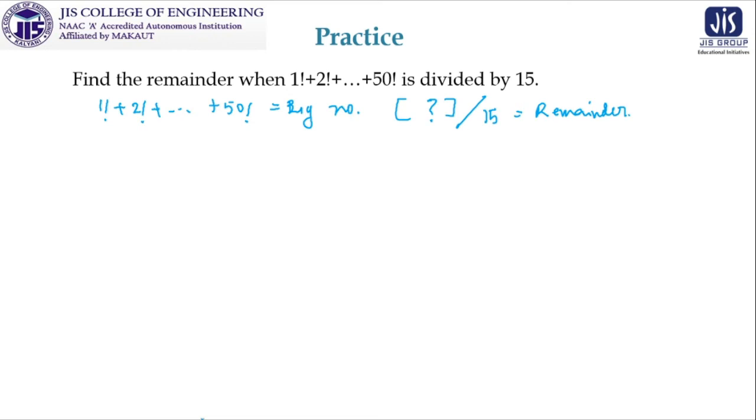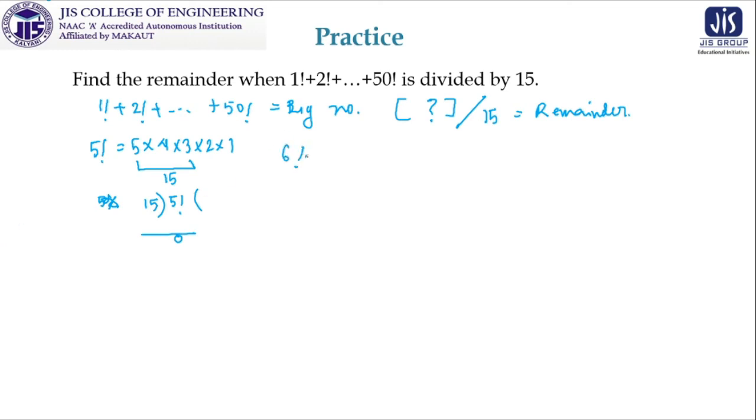The thing is something like that. If we think for 5 factorial, 5 into 4 into 3 into 2 into 1, which is 120, if we divide 5 factorial by 15, the remainder will be 0 because it is divisible.